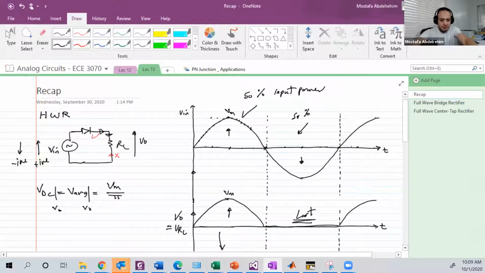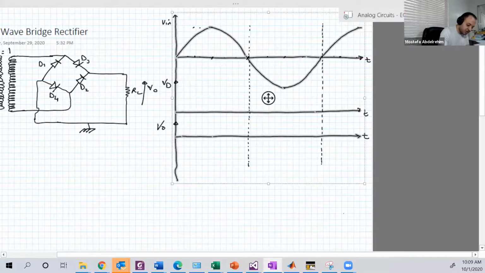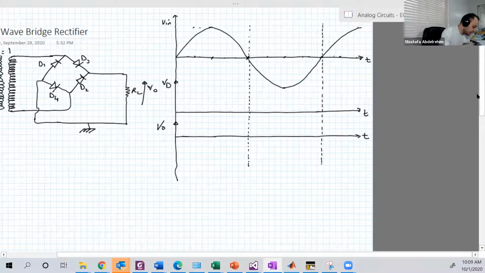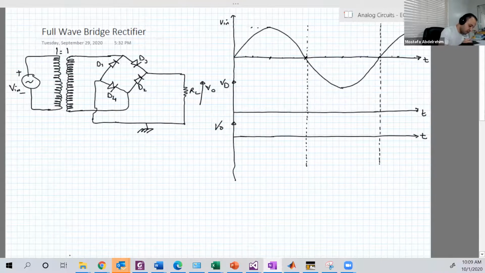So let's do that. Our first modification for this circuit is called the bridge full wave rectifier.